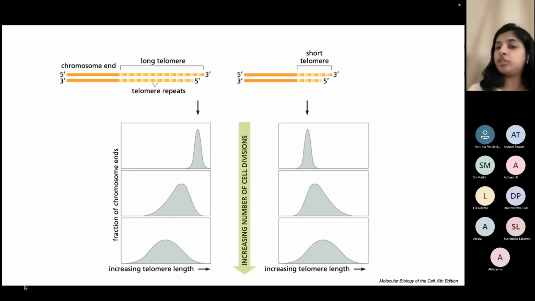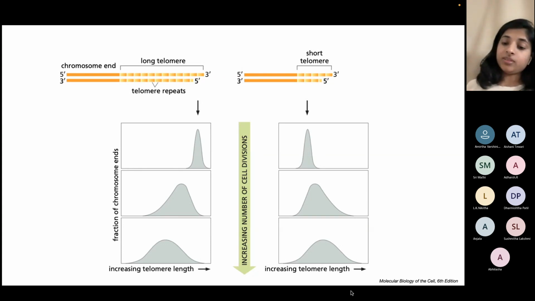And after this, there was no reduction. However, on the other hand, if the telomeres were removed from these cells and there was a very short telomere present, then somehow with every increasing number of cell divisions, the length of telomere increased and again reached this average length and then became saturated.